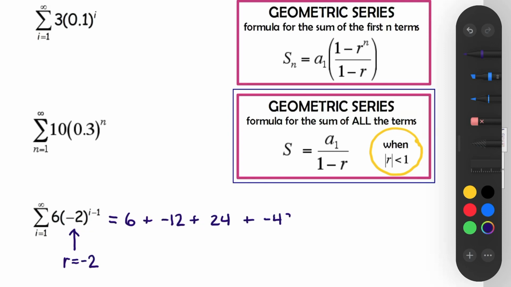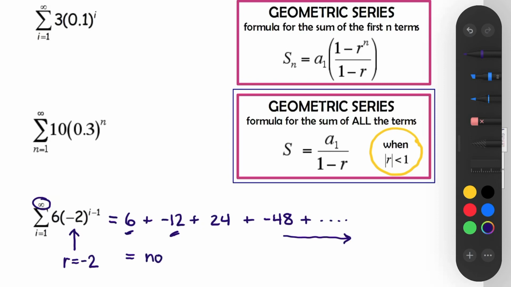This is one of those alternating geometric sequences. Well, if I try to add that up, those numbers are getting bigger and bigger. And even though some of these positives cancel some of these negatives, it's still going to keep growing out of control because it's doubling every time. So they would say that this infinite sequence doesn't really have a sum.